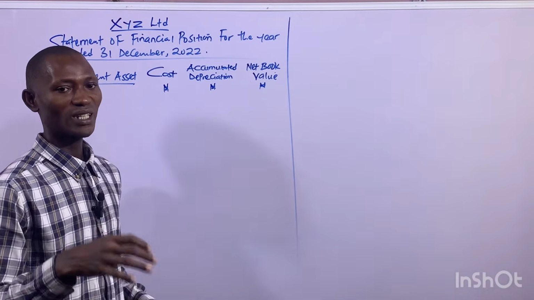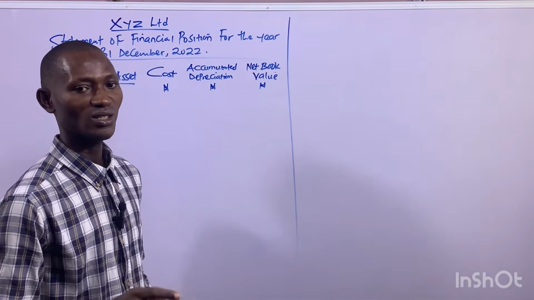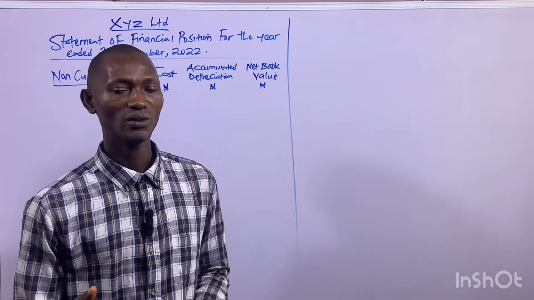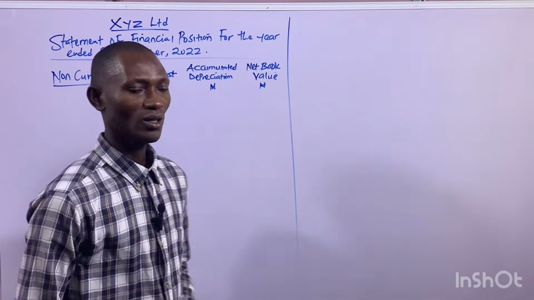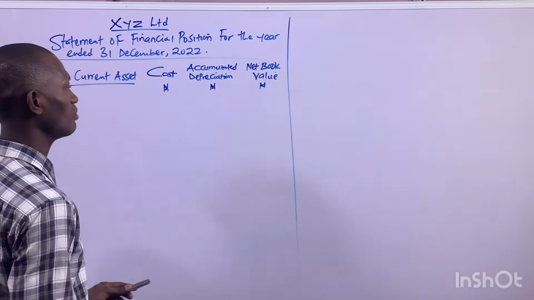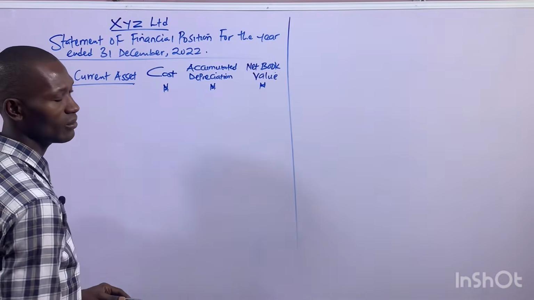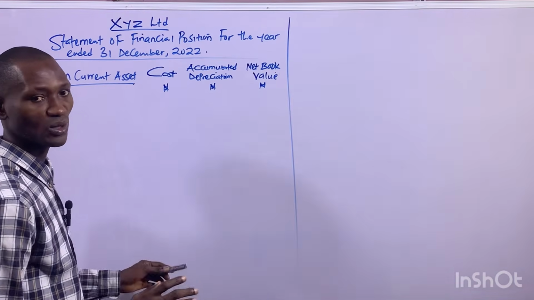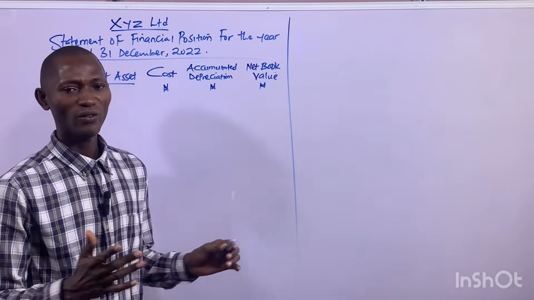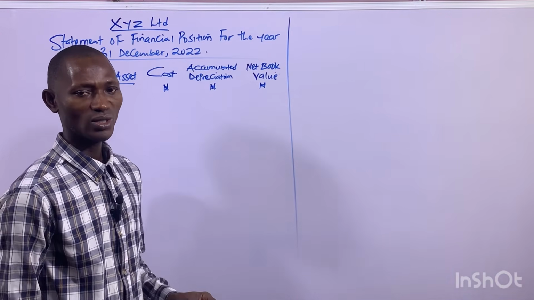And the cost of that non-current asset is usually spread over the estimated useful life of the assets. We're going to talk about some of those terminologies for your better understanding. But today we just want to draw the format, and in our subsequent episode, we'll do justice to some of those terms that are kind of confusing to you guys.